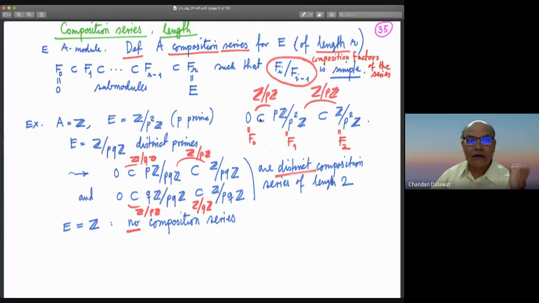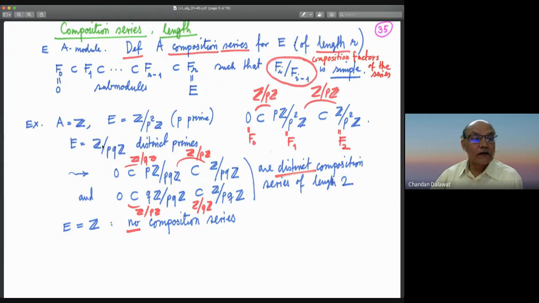Now this has a submodule PZ modulo P squared Z. So if I take F0 to be 0, F1 to be PZ modulo P squared Z, and F2 to be the whole of Z modulo P squared Z, then this is of course an increasing series of submodules, but it's a composition series because the successive quotients are Z modulo PZ and again Z modulo PZ, which is a simple module.